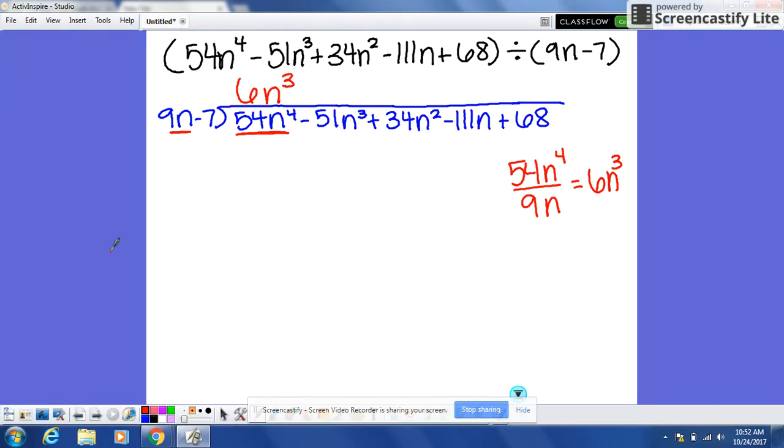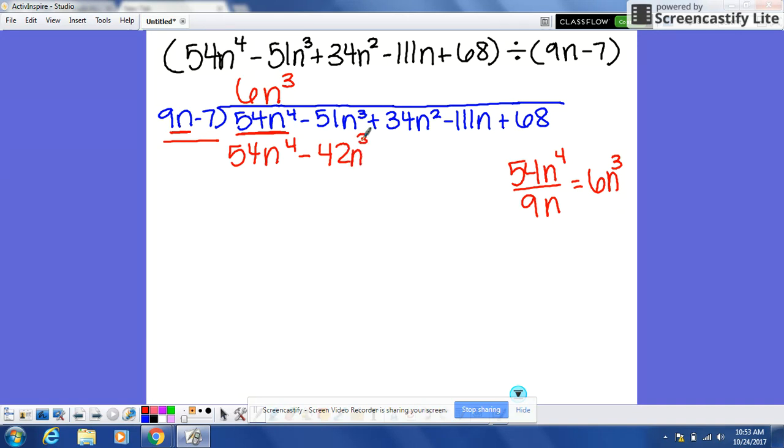All right, what do I do next? We'll bring it down by multiplying. So this times all of this. So 6n cubed times 9n would be 54n to the 4th. 6n cubed times negative 7. Negative 42n to the 3rd.